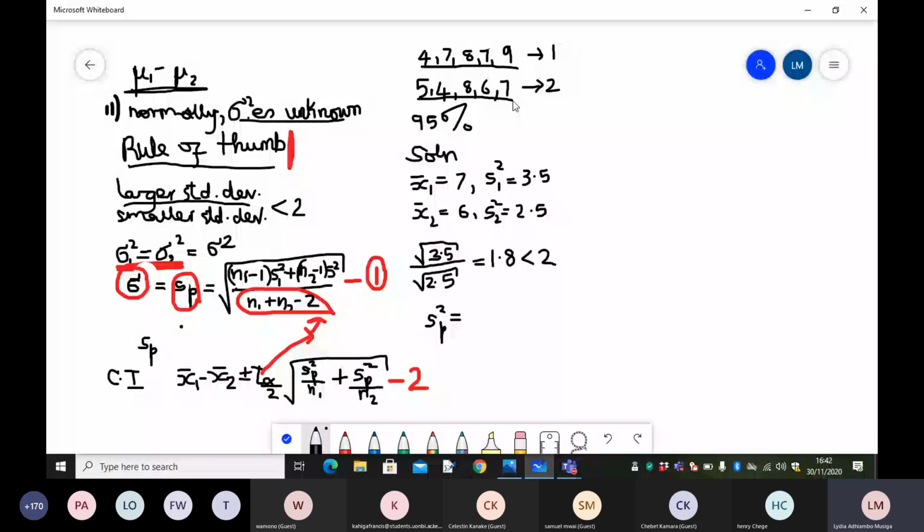So substituting N1 minus 1, that is 5 minus 1, multiplied by S1 squared, which is 3.5, plus N2 minus 1, which is also 5 minus 1, multiplied by S2 squared. And what is S2 squared? 2.5.